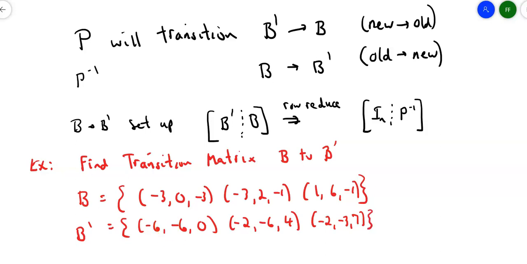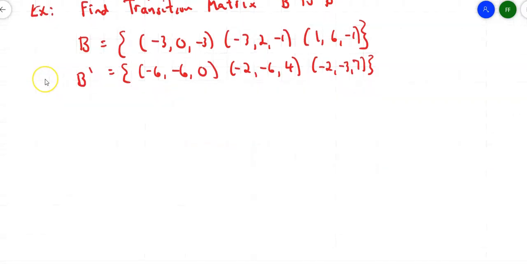All right, if we want to go from B to B prime, the first step is to set up our augmented matrix. Our augmented matrix is going to have B prime on one side, B on the other side. How do these vectors go? They go down the columns.